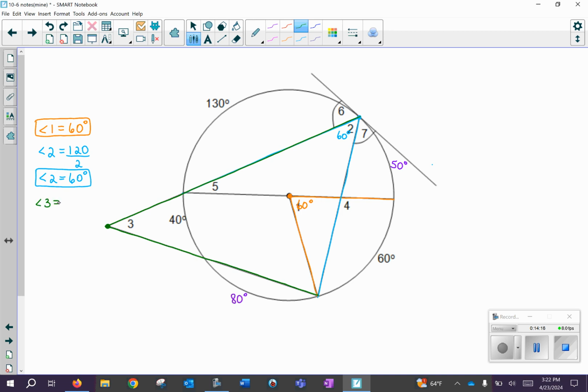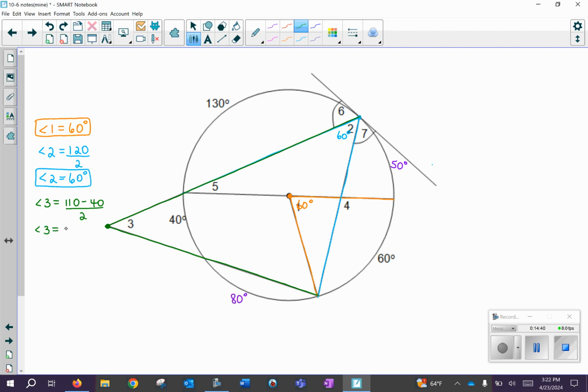All right, so here's the big arc. You've got to go from green to green. That whole big arc, 60 plus 50, 110. Minus the smaller arc, make sure you go green to green, 40 all over 2.